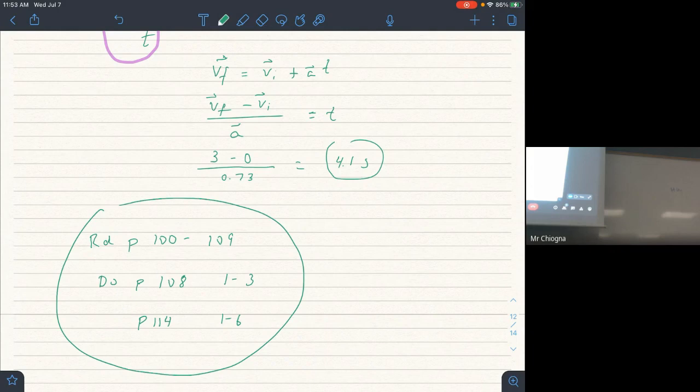Yeah, you have to square it. Yeah, you have to square that.